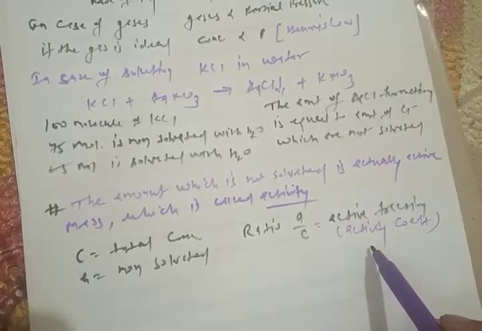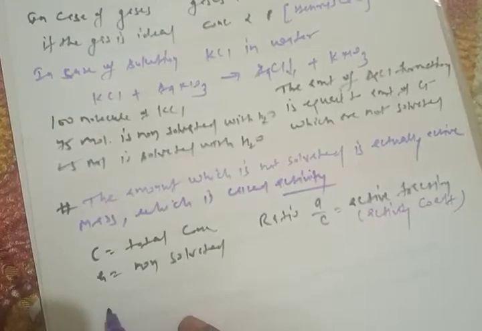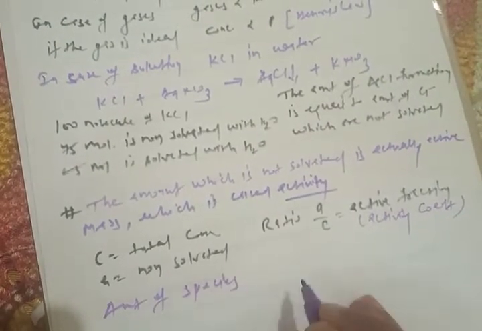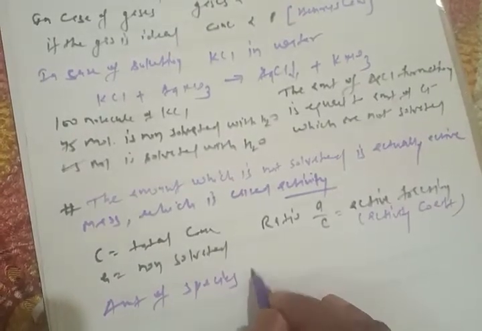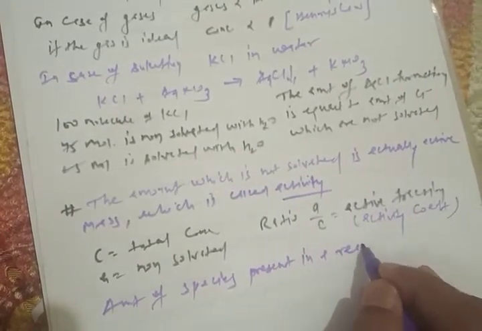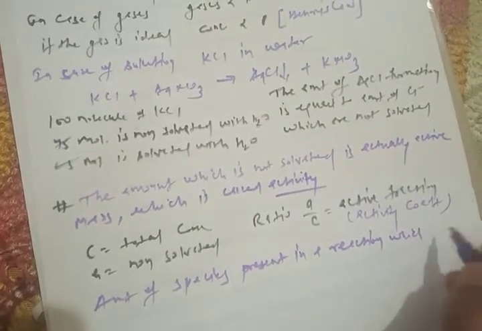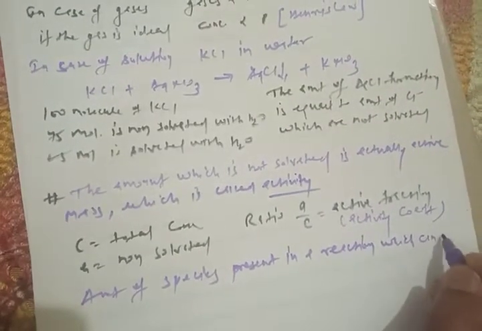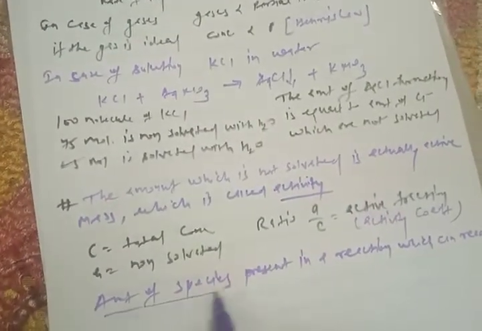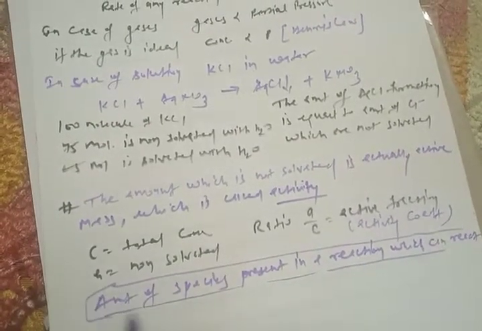So in a one-line definition, we can say the amount of species present in a reaction which can react. This is the simplest definition of activity.